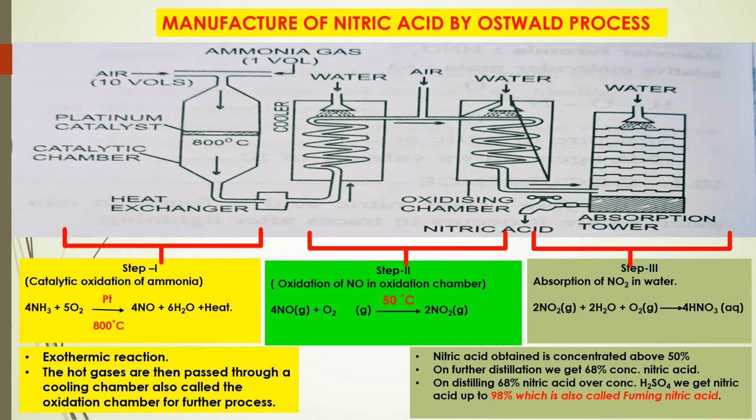Therefore, the concentration is increased by distilling 68% nitric acid over concentrated sulfuric acid, after which we can get 98% concentrated nitric acid, and this is also called fuming nitric acid. I hope I have made you understand this manufacture of nitric acid by the Ostwald process.